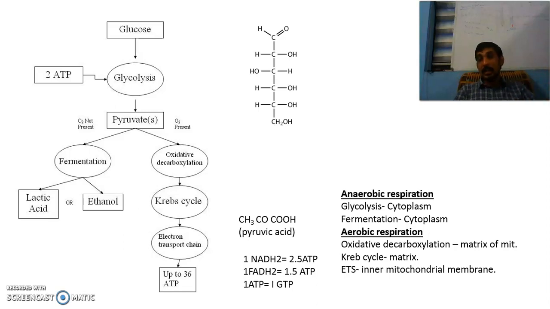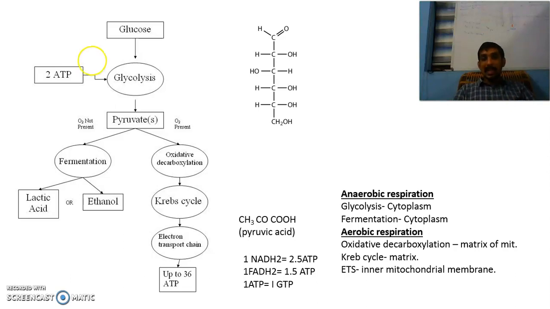That is 9 ATP minus 2 ATP, that is equal to 7 ATP only. We got a final 7 ATP from glycolysis. So that is about glycolysis, and we'll discuss all the details of this glycolysis in the next slide.